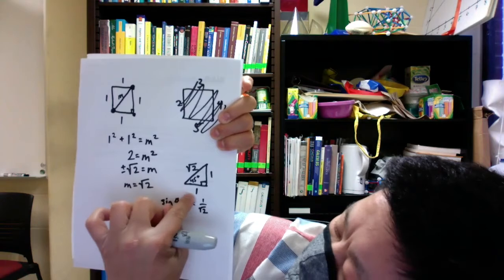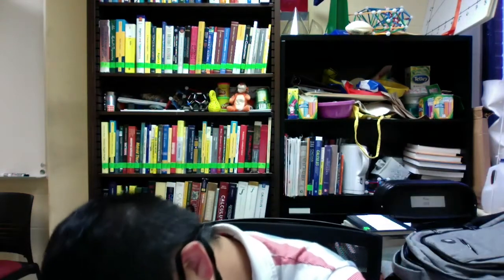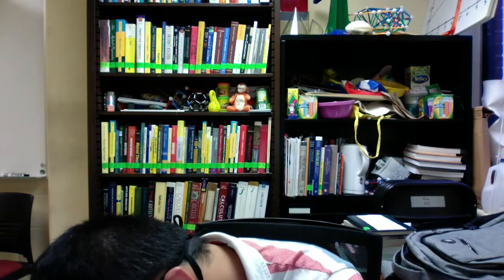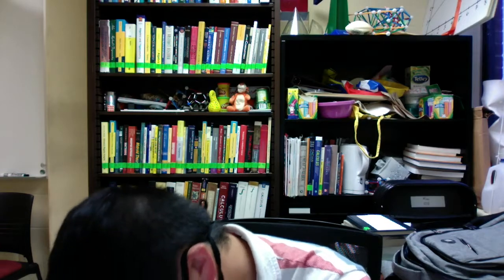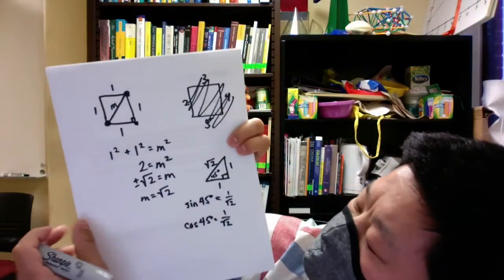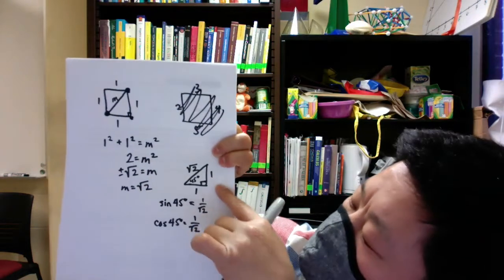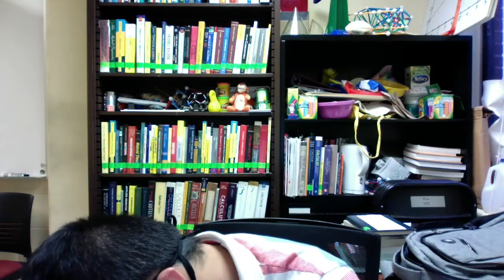So cosine of 45 degrees, this adjacent one over the hypotenuse root 2. Cosine of 45 degrees is equal to 1 over root 2. And then finally tangent. Tangent should be opposite over adjacent. So this one over that one, tangent of 45 degrees, let's not forget the degree symbol, 1 over 1.